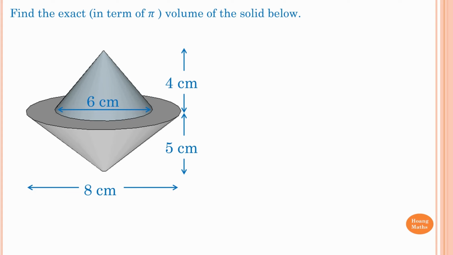Now, this time, you need to find the volume of this solid in exact form. So the first one, we just name this V1, and then we'll find this second one, V2, and then we add them together, but in terms of pi, okay? So to do this, V1, we just write V is equal to 1 over 3 pi r squared h.